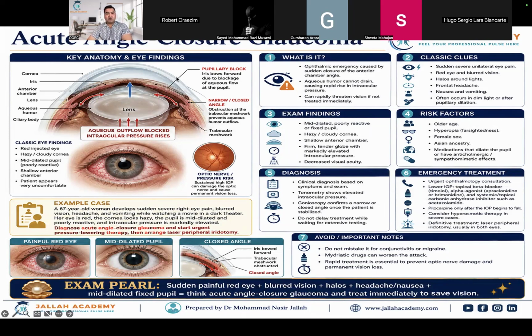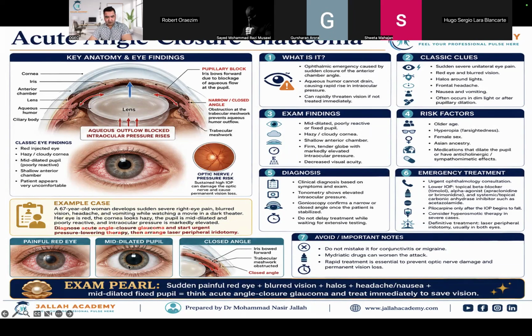So again, for acute angle closure glaucoma, it will be female, older age, hyperopia, farsightedness, Asian ancestry, medication that dilates the pupil and has anticholinergic, sympathomimetic effects.